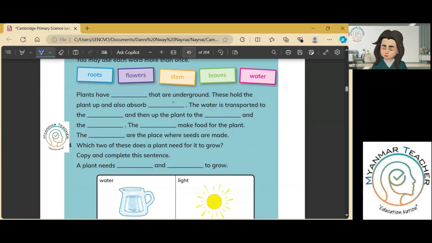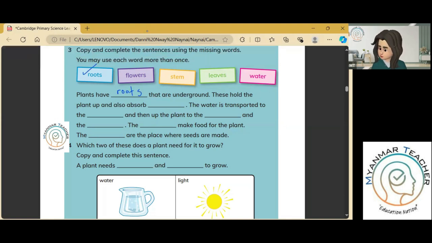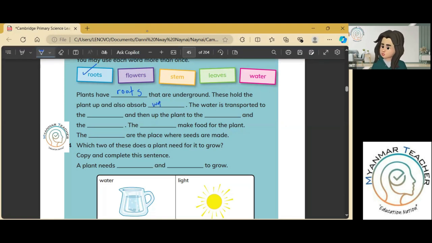Plants have blank. That's the time I'm gonna give you. So I'm gonna count up to 3. They have roots that are underground. These hold up the plant and absorb water or nutrients, but we'll teach you that later.